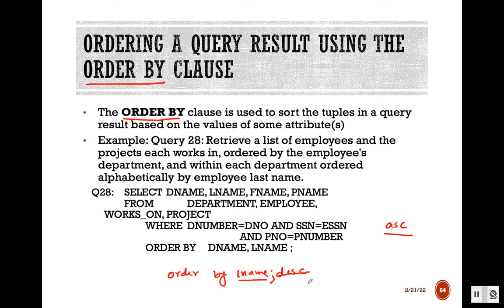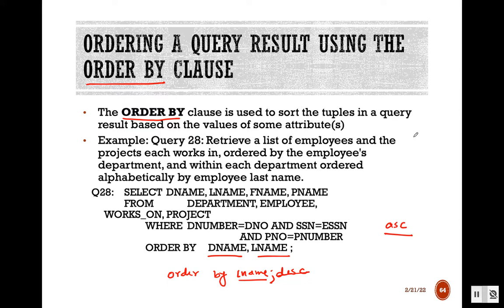Now we can also have more than one attribute in the order by clause. In that case this is going to order the tuples first based on the department name. Then within each department, it can order the tuples based on their last name.